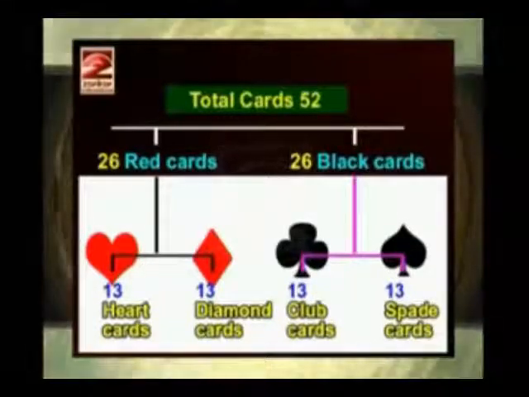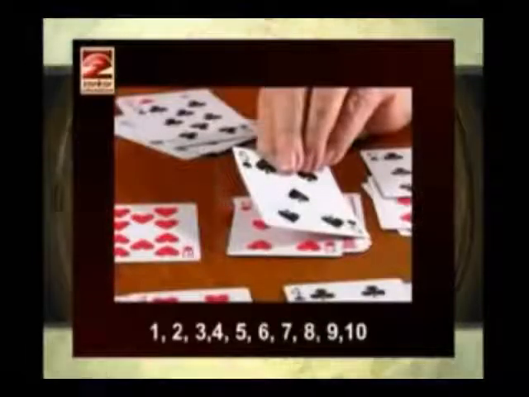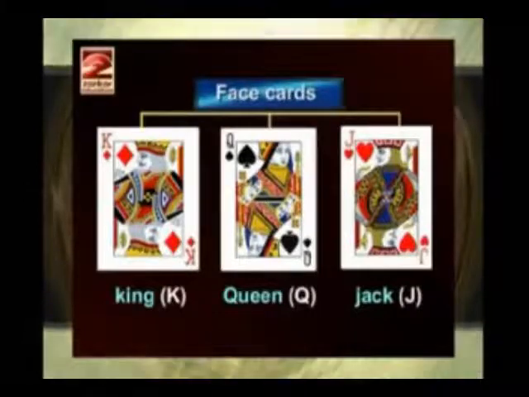That means heart, diamond, club and spade are the 4 suits, whereas 1, 2, 3 up to 10, then jack, queen and king are called denominations. King, queen, jack are known as face cards. Remember, the ace card, that is the card bearing number 1, is not a face card even if it is having a design. So the remaining are number cards.